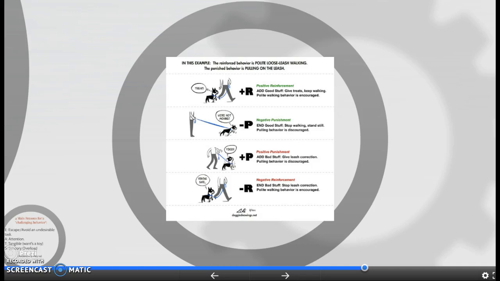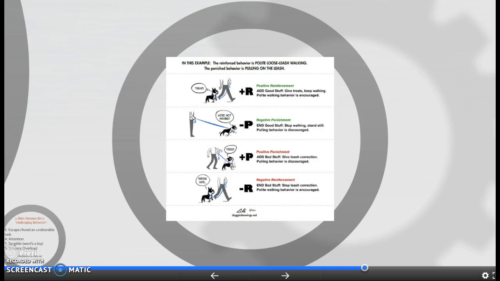So a positive reinforcement is adding reinforcement, which is good stuff. When you add good stuff, that's like giving a treat, or in this example, walking without yanking the dog on the leash because the dog is doing what it's told. That's adding things that are good.